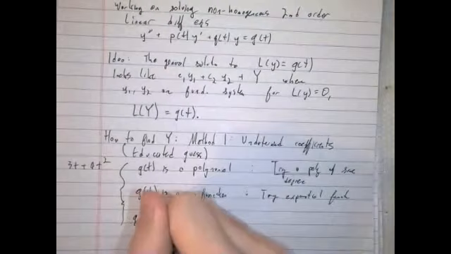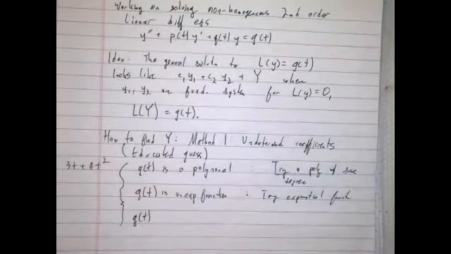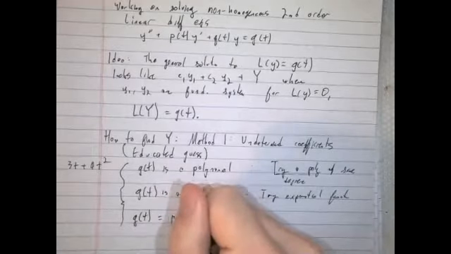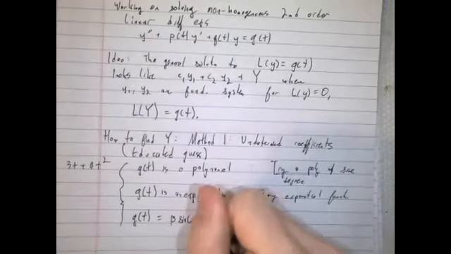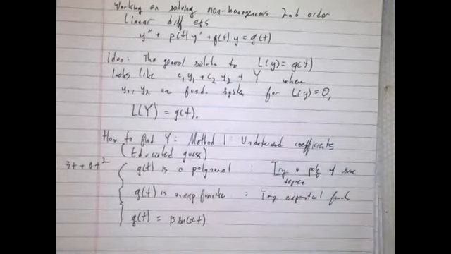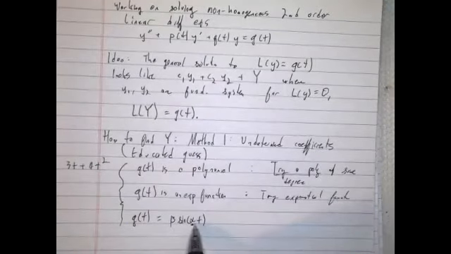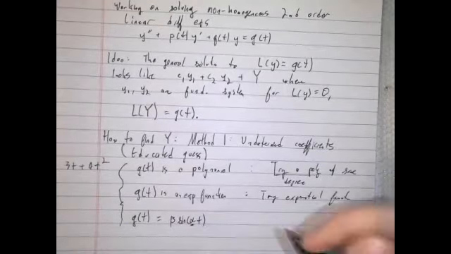And what if g(t) is either sine or cosine, or something related to sines or cosines? Say β sin(αt). You want to try a constant times sine plus a constant times cosine? Yes, exactly. And we want to make sure that whatever constant is in the argument, we preserve that.